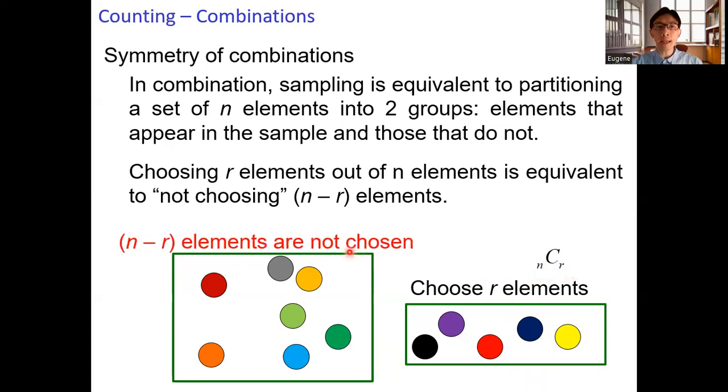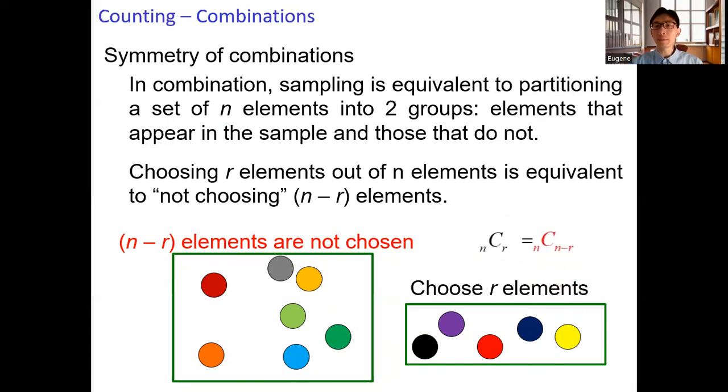And it is the same as on the left-hand side, the n minus r elements are not selected. And the number of ways of not choosing n minus r elements is nC(n minus r). So nC(n minus r) and nCr should be the same.